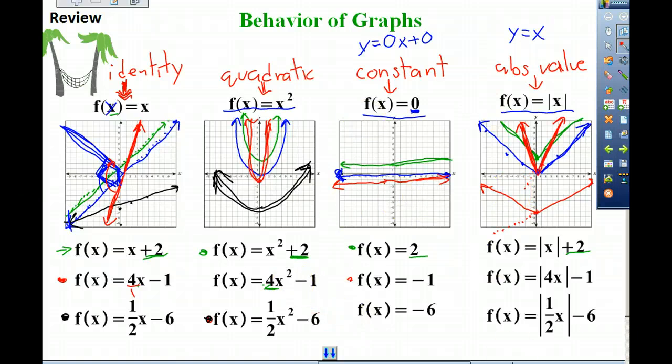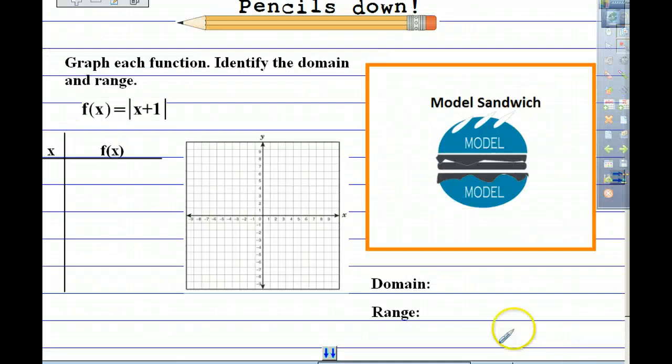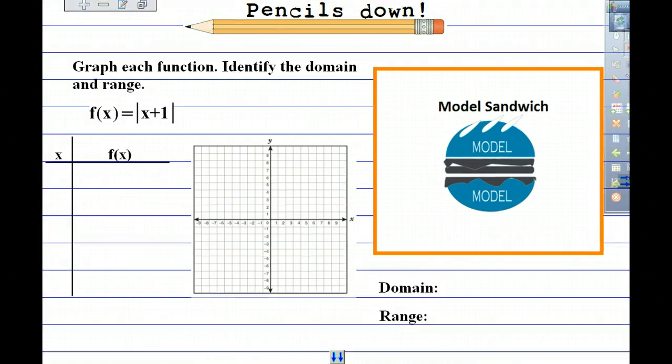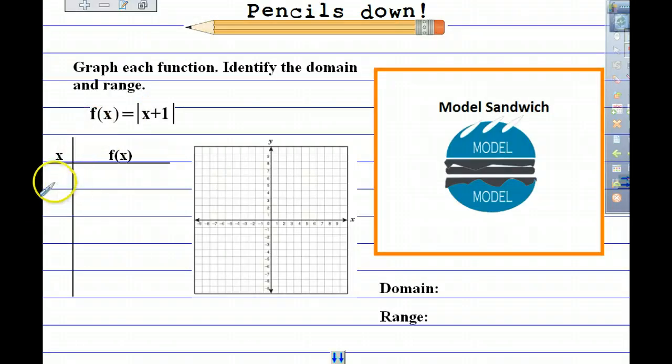How are we actually going to graph these? We're just going to do an old-fashioned T-chart. That's what you're going to do for each of your problems tonight. On your paper here, you see how much room there is? You can make a big old T-chart, plug in some points, and see what happens.